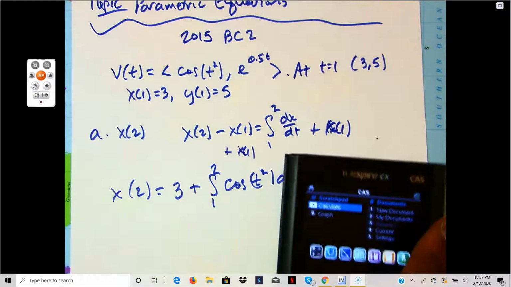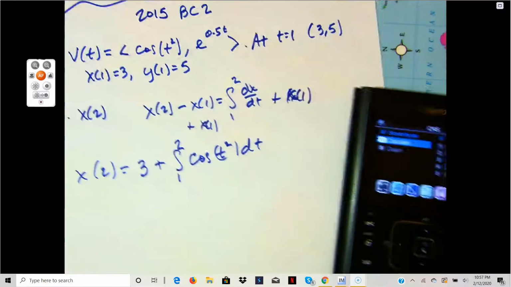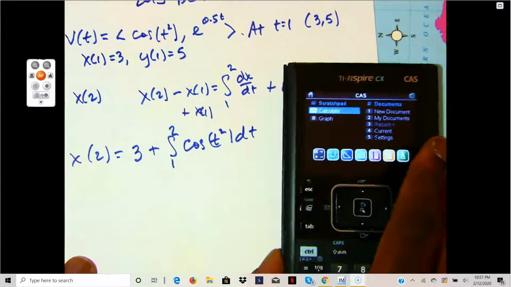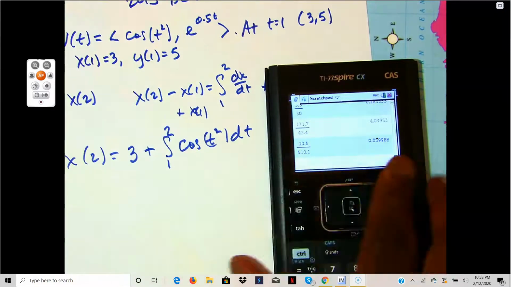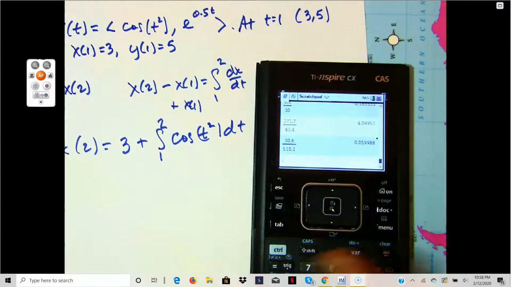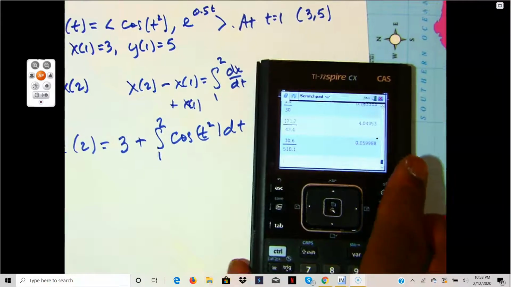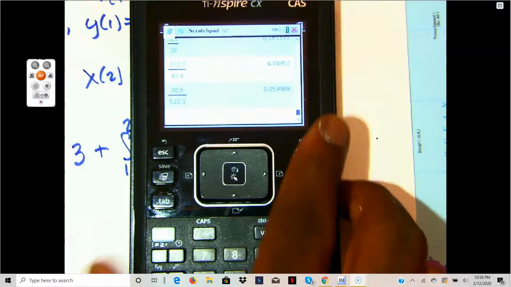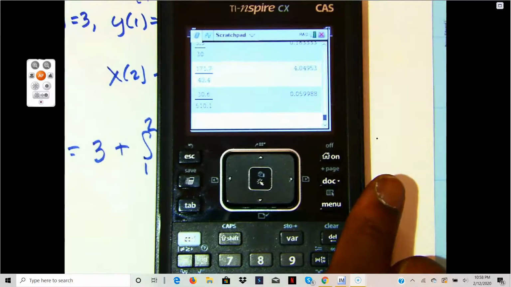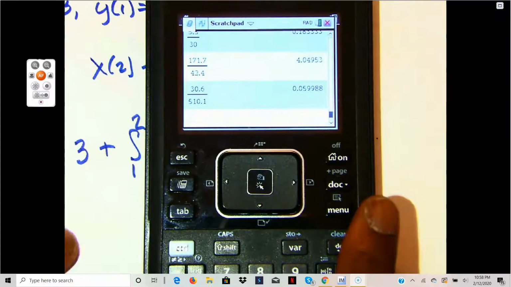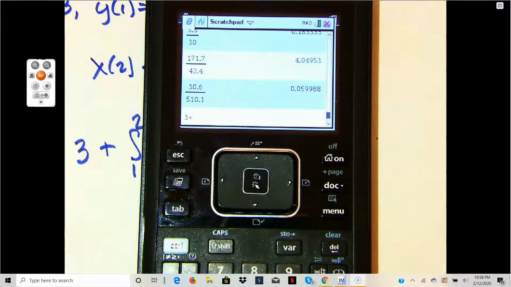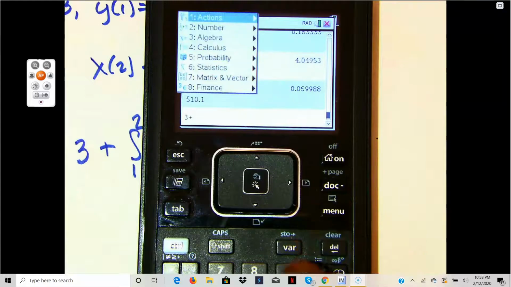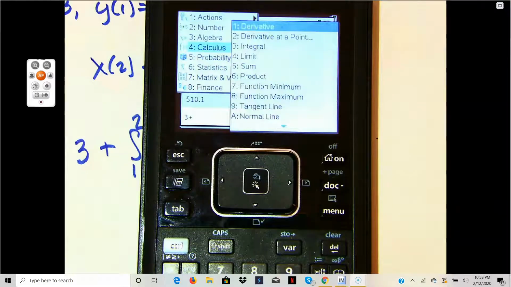All right, so let's go ahead and evaluate this. Everyone has their calculator. So let's go. That's 3 plus, then menu, calculus, integral.